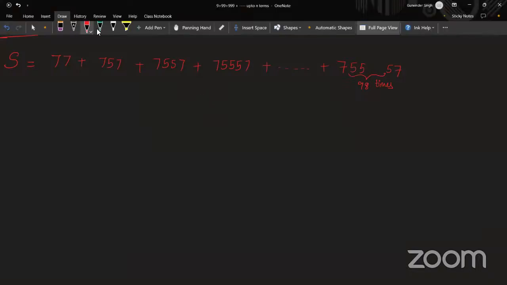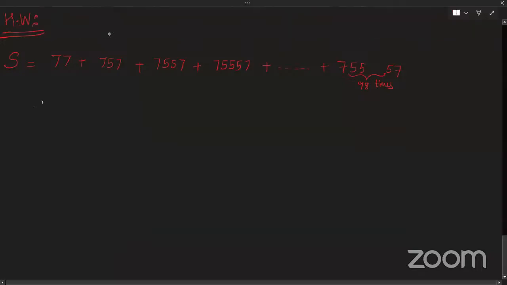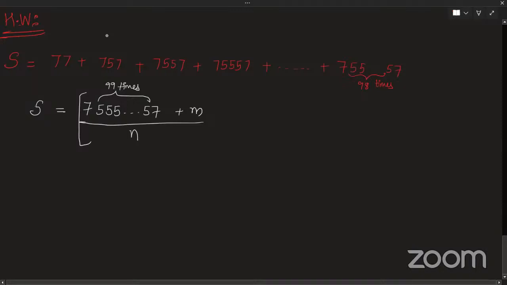And see, when this answer comes, when you get the value of S, you have to represent your answer in this format.